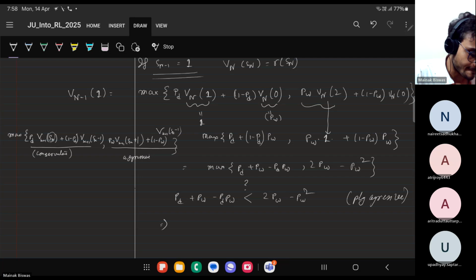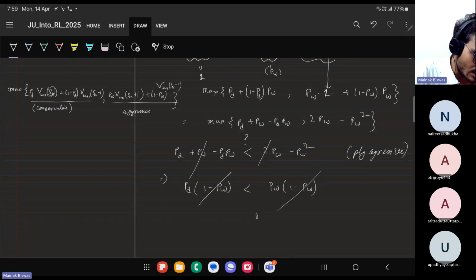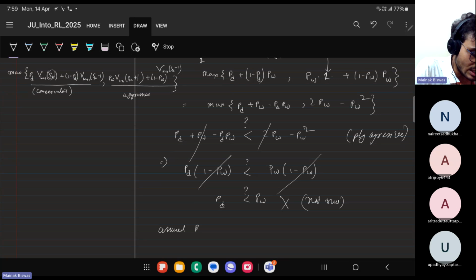No problem. I remove one of the P's from here. P_d I'll take common, 1 minus P_w. I'll take common here P_w, 1 minus P_w. Is P_d greater than P_w? This is not true, because we have assumed P_d to be greater than P_w. Therefore, play which strategy? The conservative strategy.